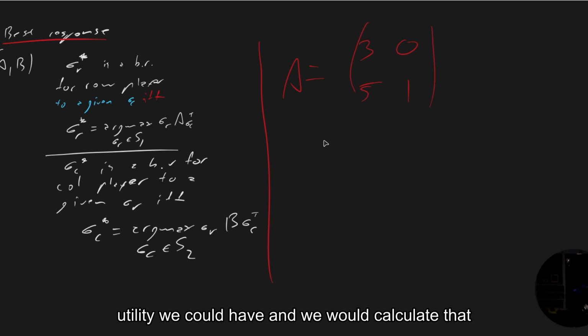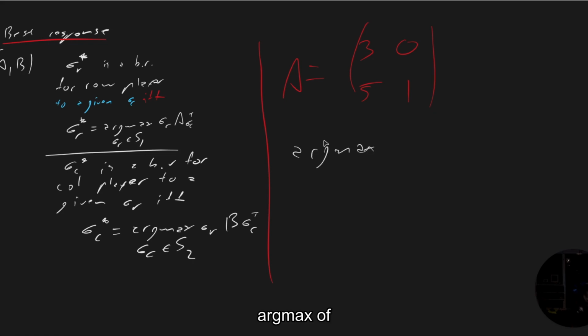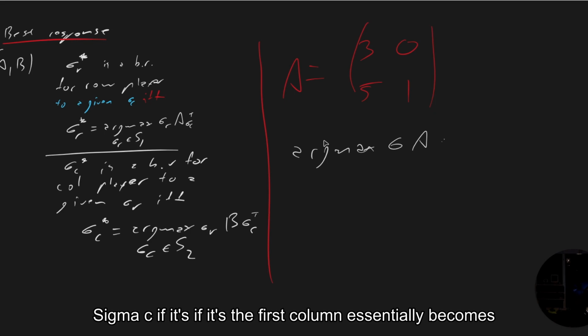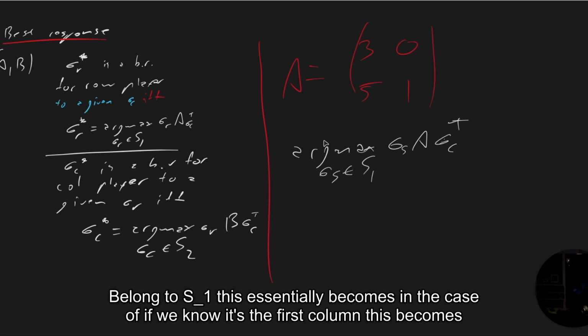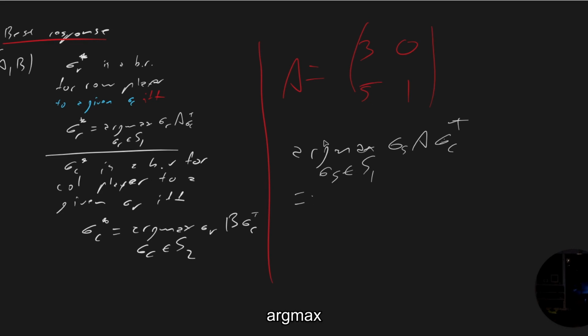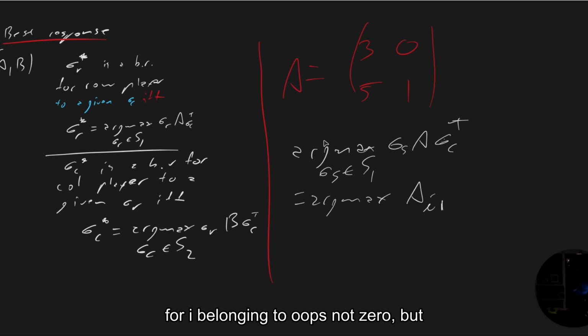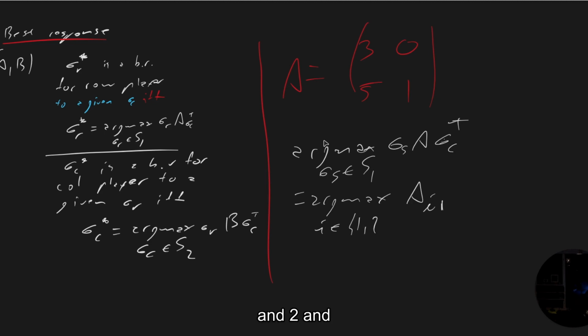We would calculate that arg max of sigma R A sigma C transpose, which if it's the first column essentially becomes arg max of a_i1 for i belonging to 1 and 2.